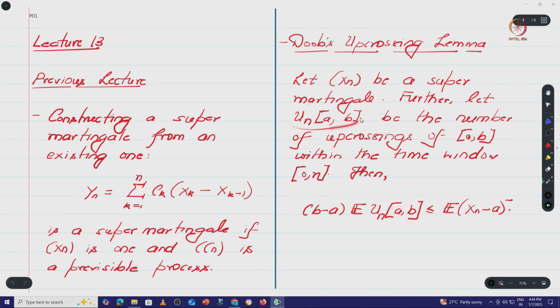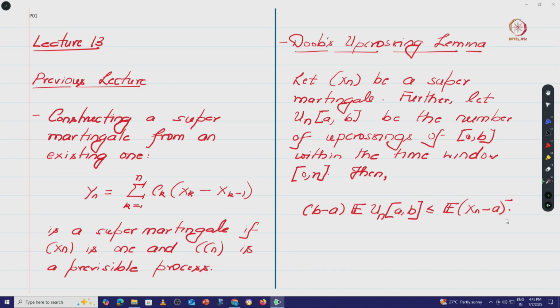Further, suppose U_n[a,b] is the number of upcrossings of [a,b] within the time window 0 to n. Then Doob's upcrossing lemma said that this inequality holds. Okay. So what does this inequality say? (b minus a) times the expected value of U_n[a,b] is less than or equal to the expected value of (Xn minus a) minus.